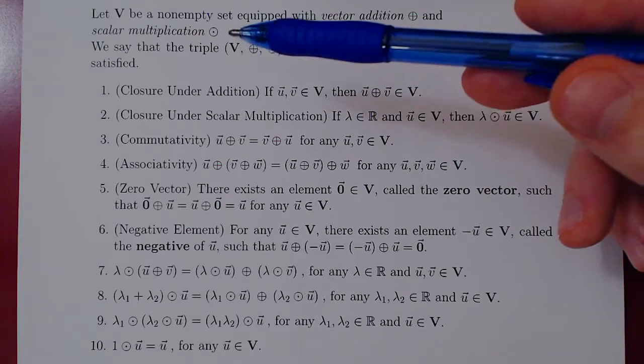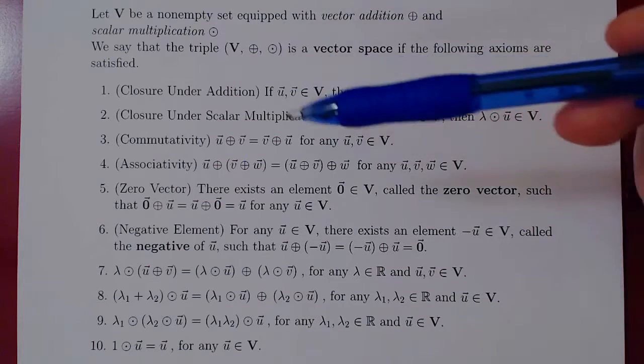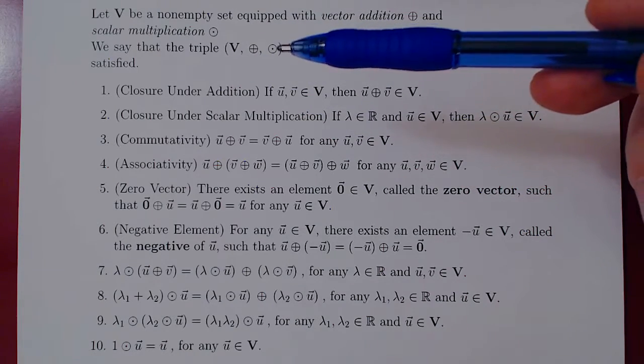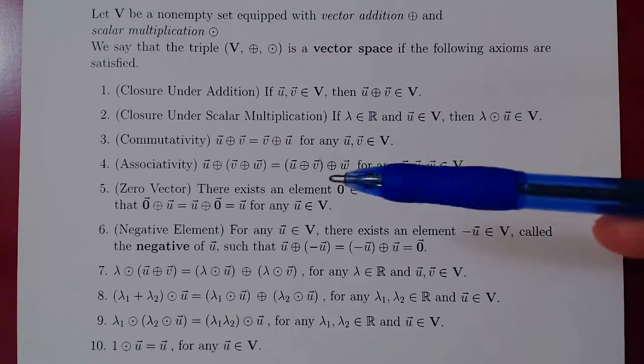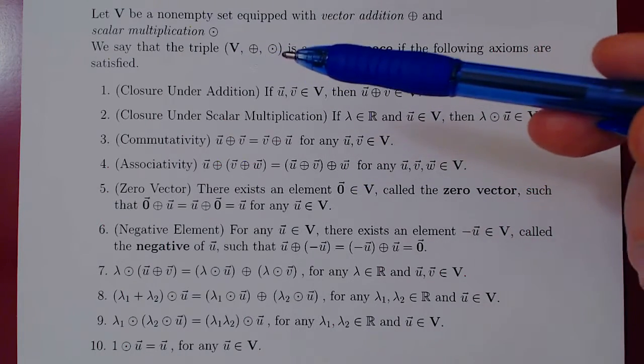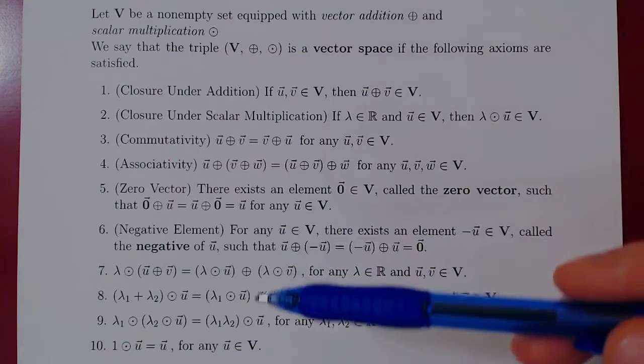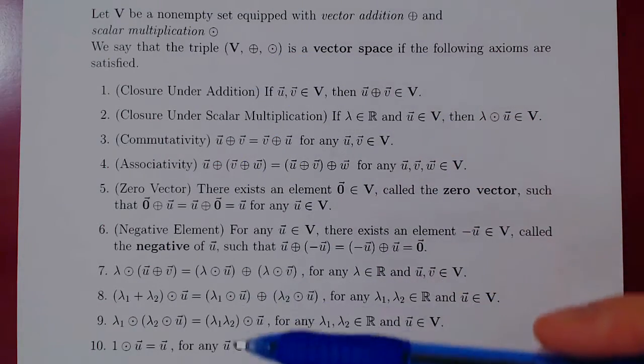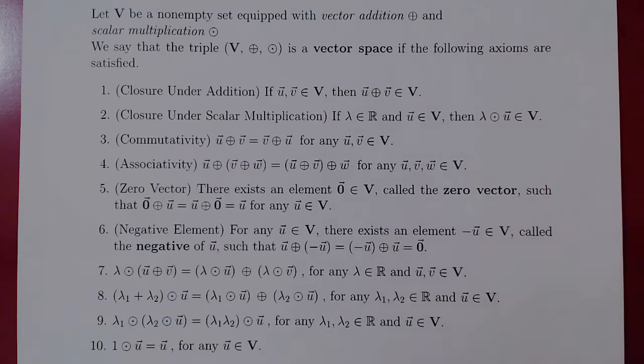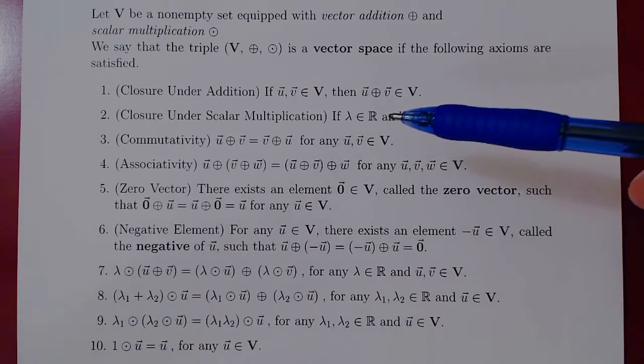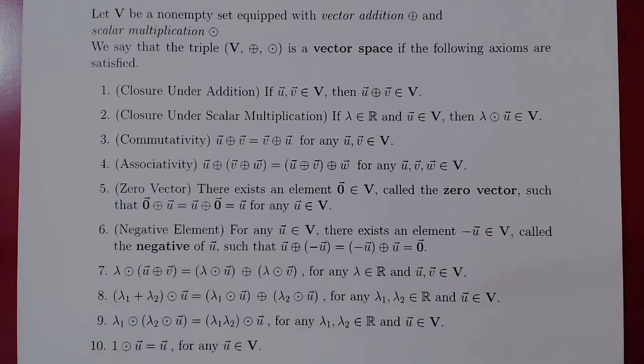But as soon as you have a set of elements where you can add the elements together, and you can multiply the elements by real numbers, if the set with these two operations satisfy these 10 axioms, these 10 properties, this says to you that even though on the surface the elements may not look like vectors, you can think of them as actual vectors. So the geometry, all of the intuition that we have developed thus far about vectors will also carry over for vector spaces.